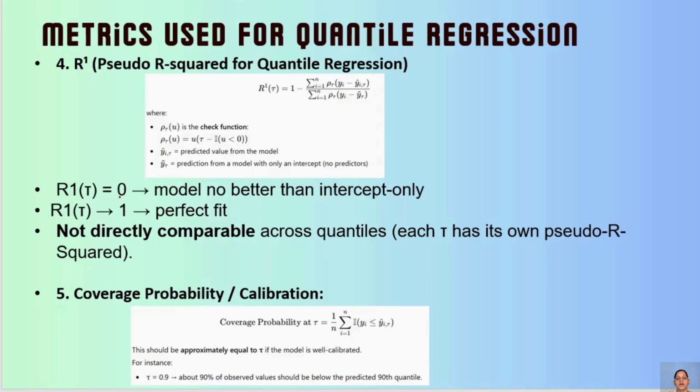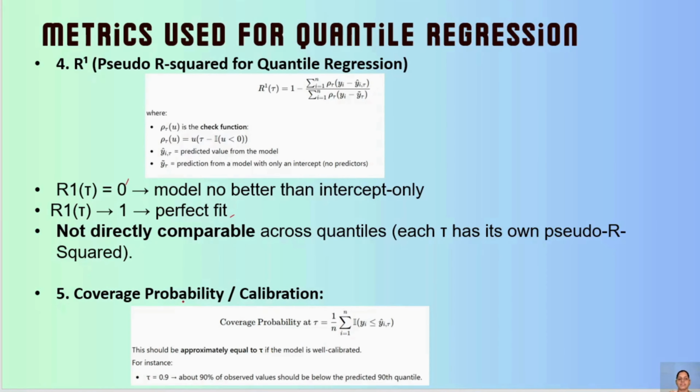If the pseudo R squared value is 0, that means the model is not better than the intercept only, it is not behaving well. And if pseudo R squared is 1, then it is a perfect fit.